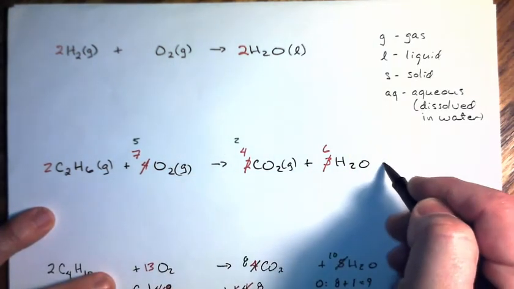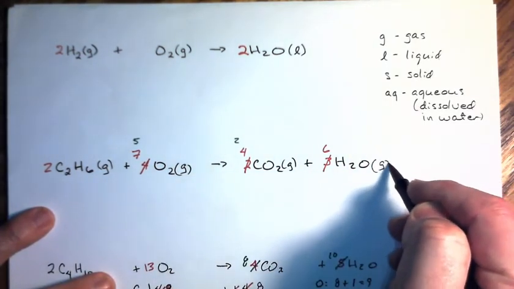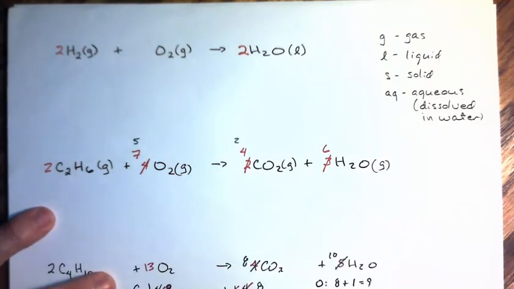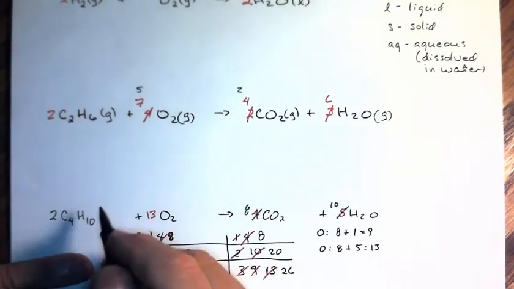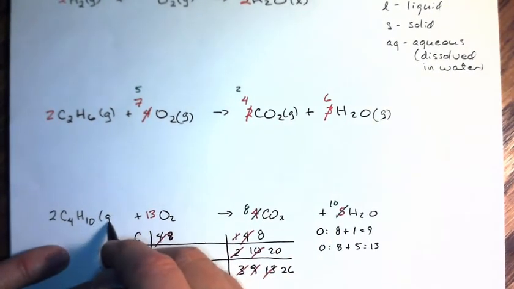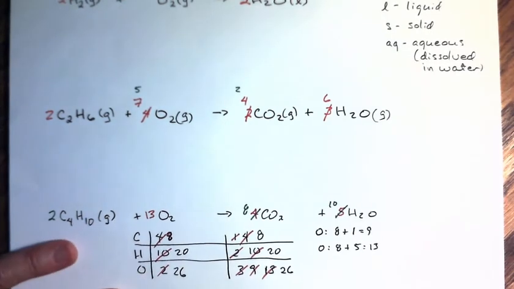So in a combustion reaction, when water is a product, let's list that as a gas, okay? So you can do the physical states down here if I tell you this one's a gas, can't you? So write the physical states for those formulas there, all right?